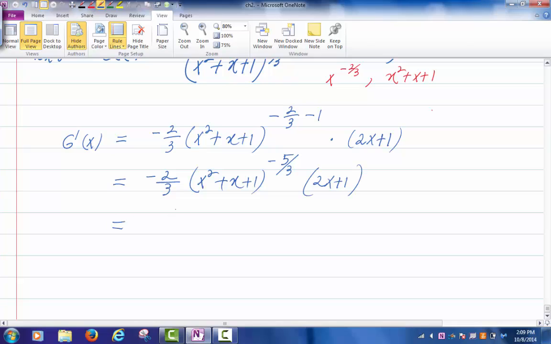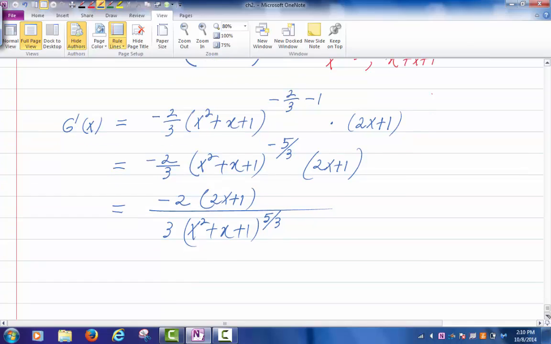And you can stop right there, but you can also rewrite this as negative 2 times (2x plus 1) over 3 times (x squared plus x plus 1) to the 5/3. Just the negative exponent can be written in this way. Is everybody okay? Alright, so that's the derivative in this case.